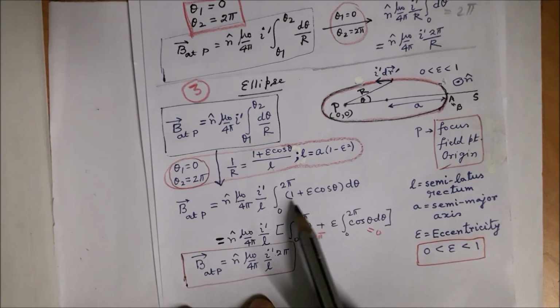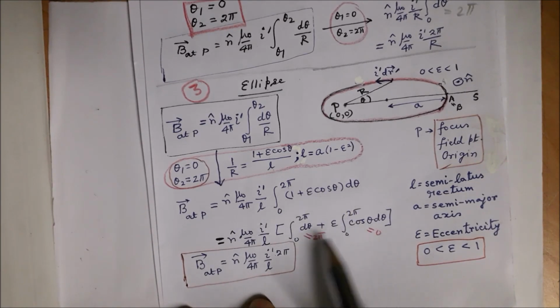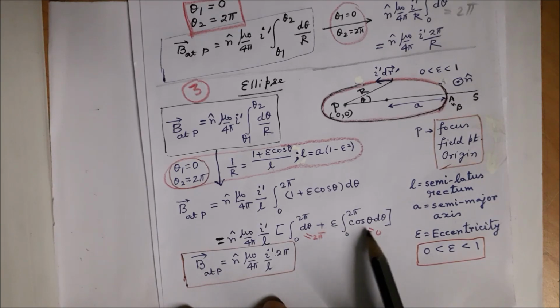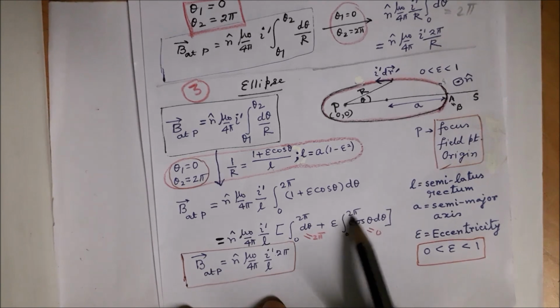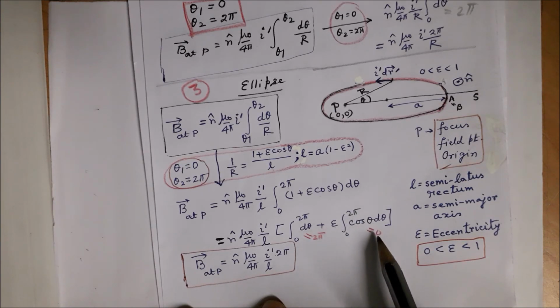Now it's very easy. This integral has two parts. This one turns out to be 2 pi, and here epsilon is constant, it goes outside, and we have just the integral of cos theta from 0 to 2 pi. Now this is a sinusoidal, periodic function, and integrating over a full period gives 0.